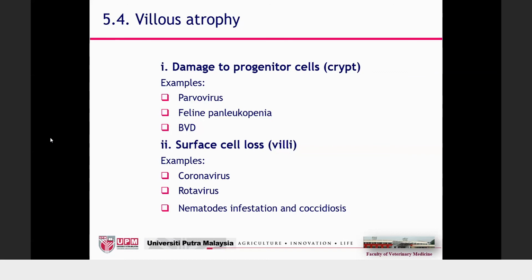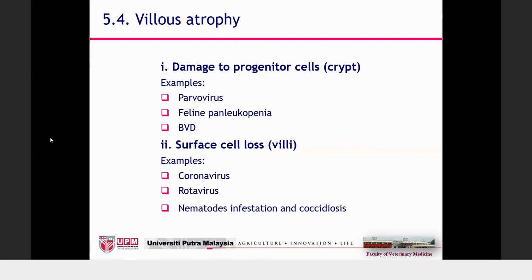But other viruses, for example, in cases of coronavirus, rotavirus, coccidia, depending on the type of coccidia, maybe Eimeria zuernii, they cause only damage of the villi. So that is an example of agents that lead to what we call villus atrophy.